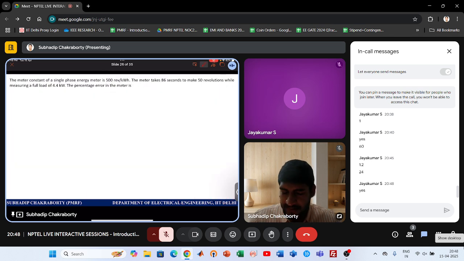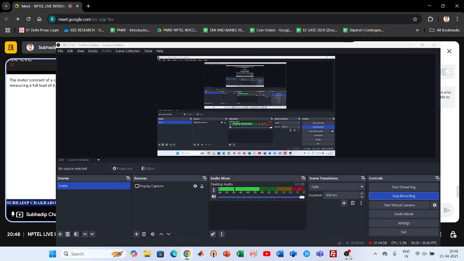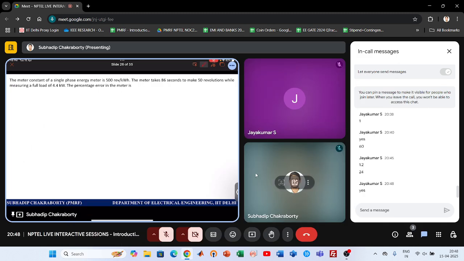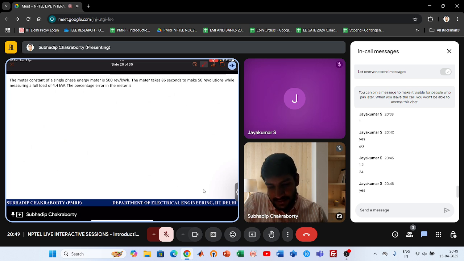Again, here is another problem of another variant. Just try it. So actually the meter is having some error inside it. So it is taking 86 seconds for 50 revolutions, and the load is 4.4 kilowatt, right?